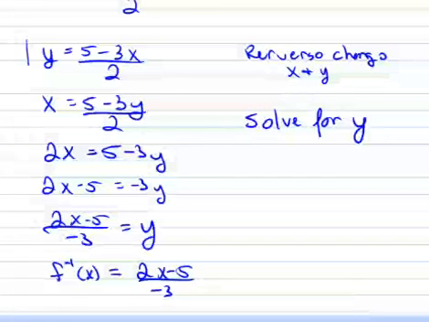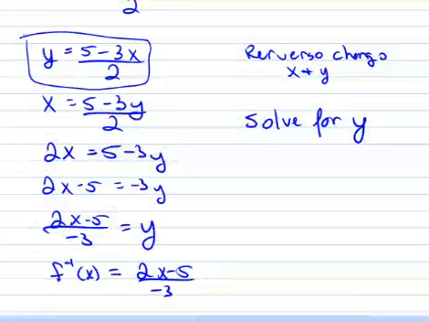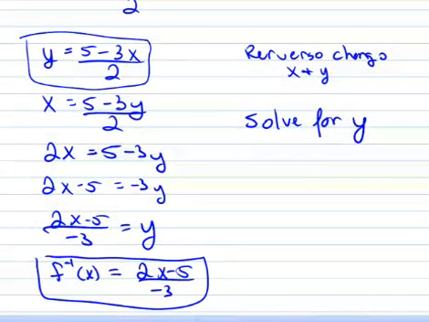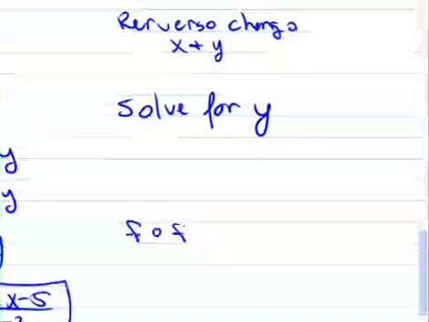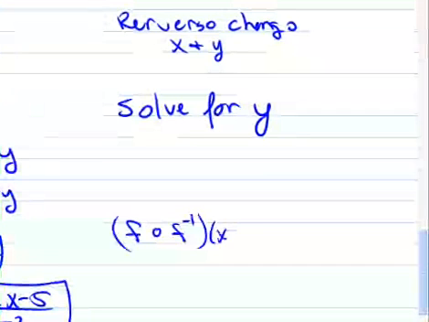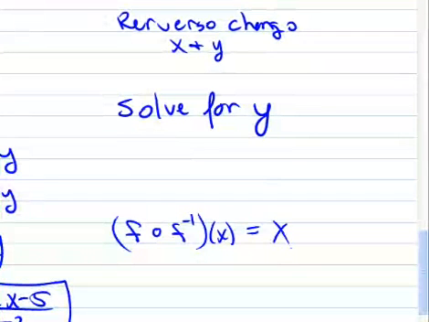So here we have our original. Here we have our inverse. If we really want to make sure that we're right, say we're on a test and I don't know if that's right or not, then we could take f and compose that with f inverse, and we should get plain old x.